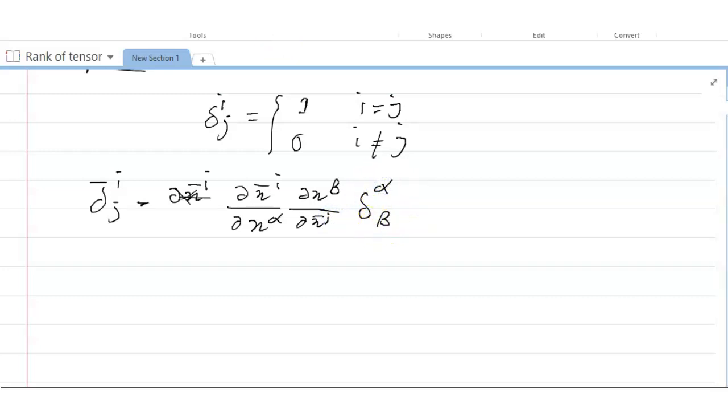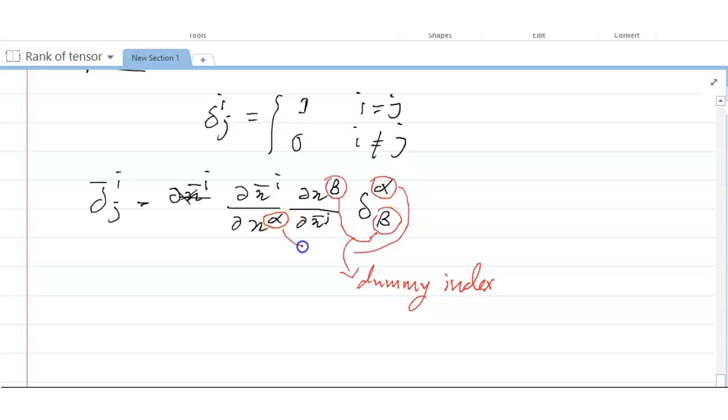So friends, we see that beta and beta are the dummy index, and the free index is i and j. Alpha and alpha, these two are also dummy indices.